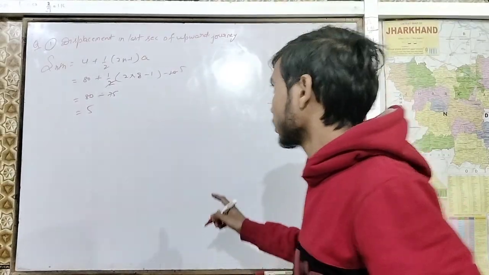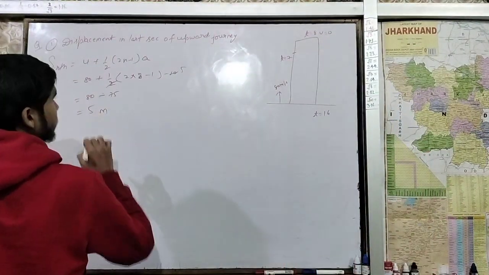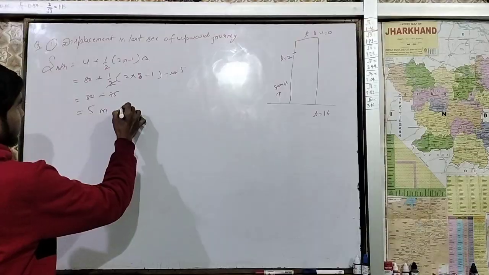Now this is correct. 5 meters you can see in 1 second.